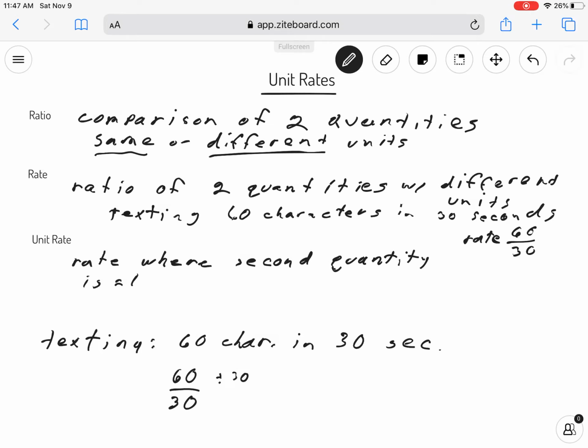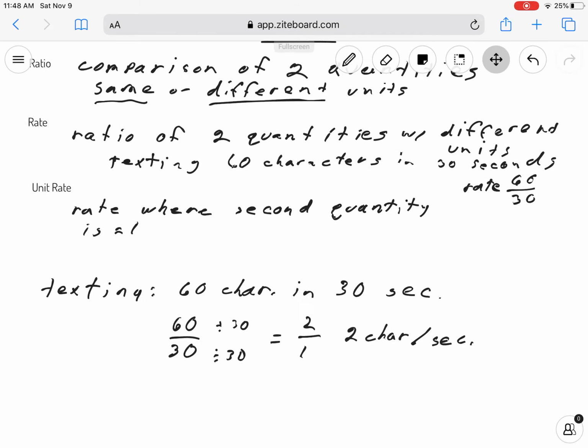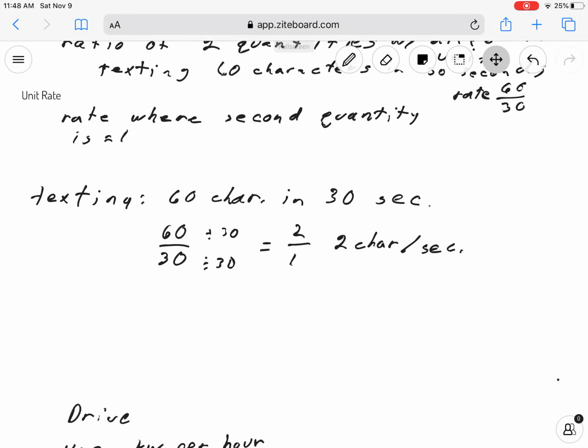Okay, so if I divide 60 by 30, I get 2 to 1, or we would say we text at a rate of 2 characters per second. So when you hear the word per, that's often an indication that we're talking about a unit rate. And we use this quite a bit in real life, right?